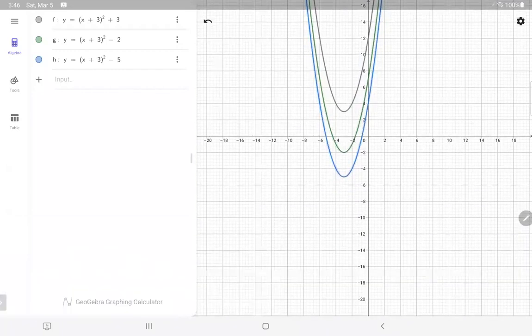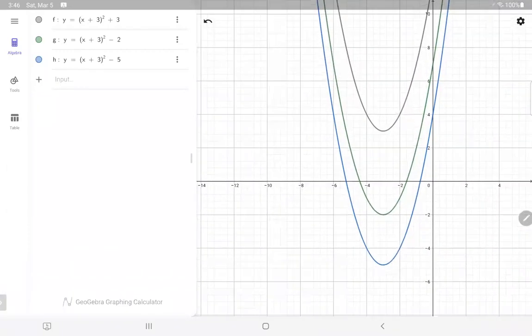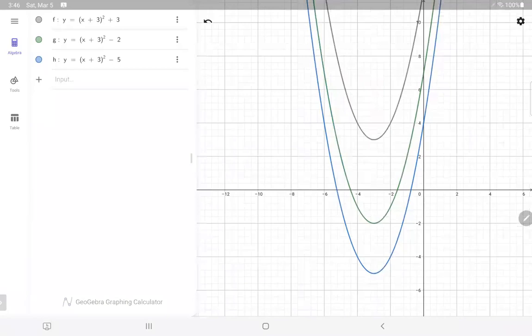Here we go. As expected, they have the same axis of symmetry. They're like underneath each other. The same axis of symmetry, the same x coordinate of the vertices.